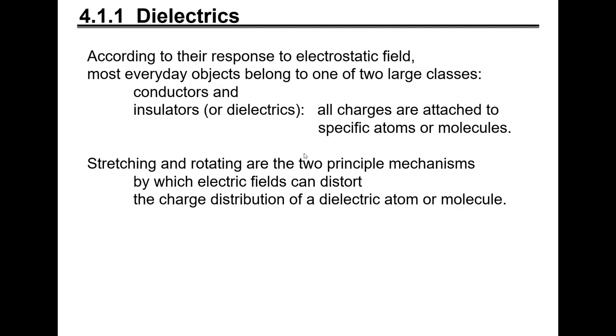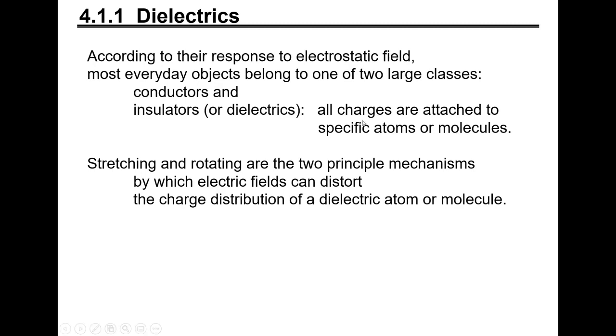So conductors are materials that contain a limited supply of charges that are free to move about through the material. So these charges are electrons that are free to move. While in dielectrics, all charges are bound and can only move a bit within the atom or molecule.